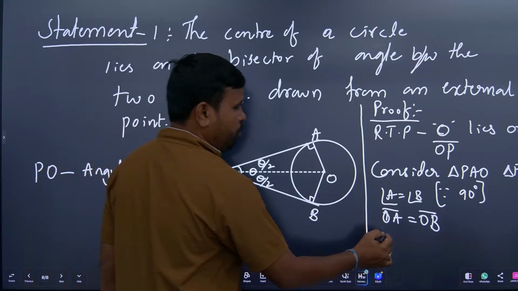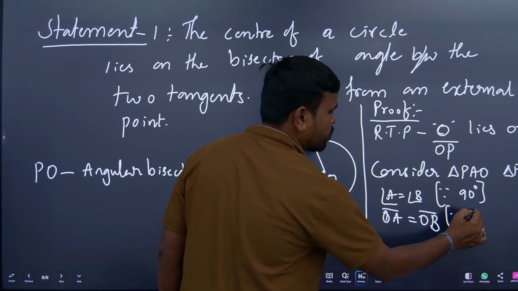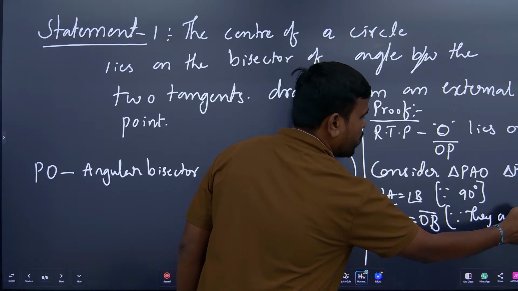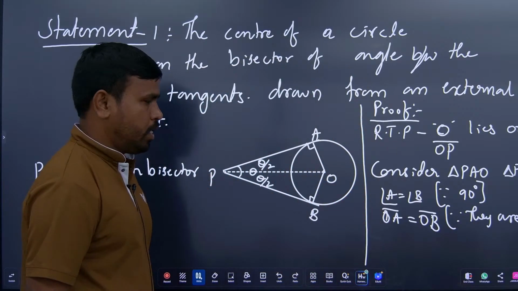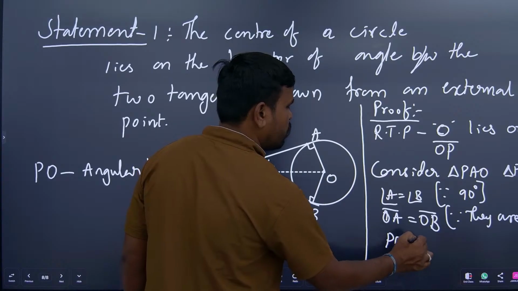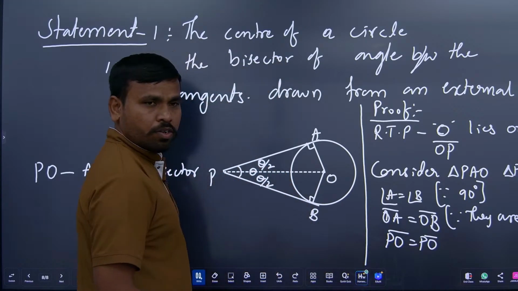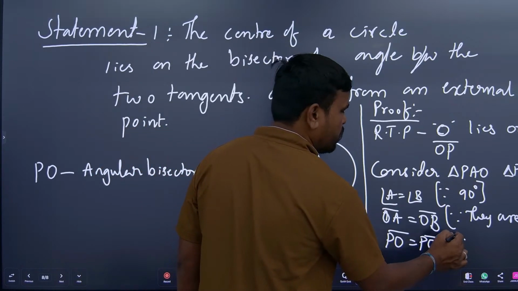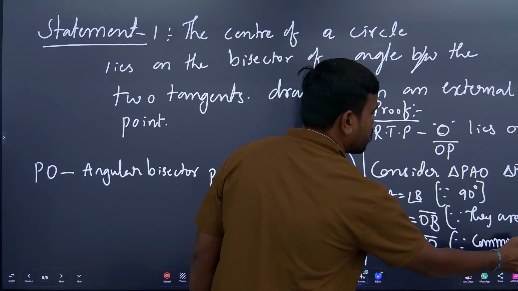And PO, why these are equal? Since they are radius. And PO is equal to PO, OP, we can say, but what is this? Common side.